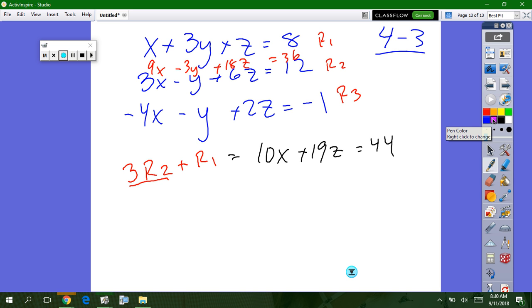Because it's negative y. So I'm going to go 3 times row 3 and add that to row 1. If I multiply row 3 by 3, that gives me a negative 3 here, doesn't it? So that when I add it to row 1, would the y's cancel out again? It would.